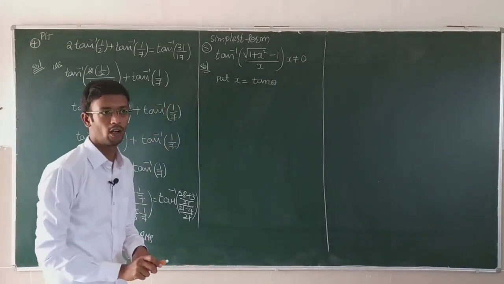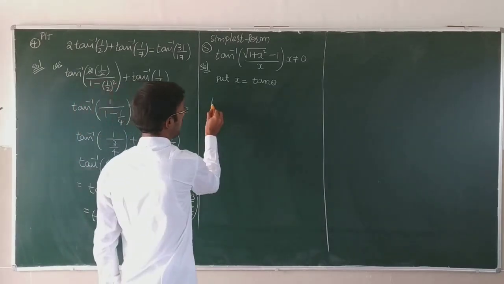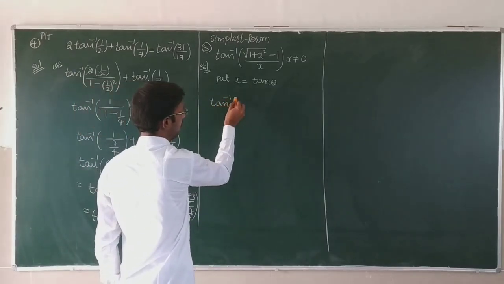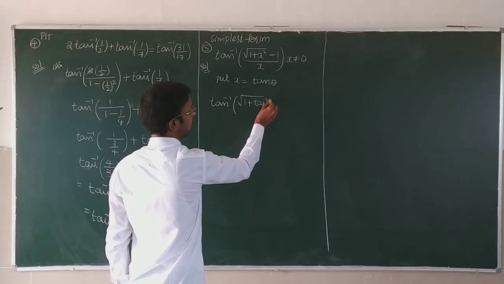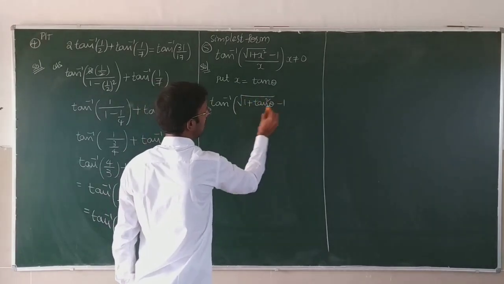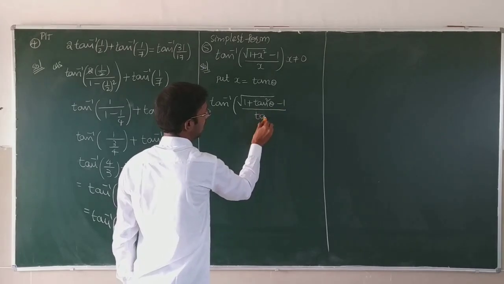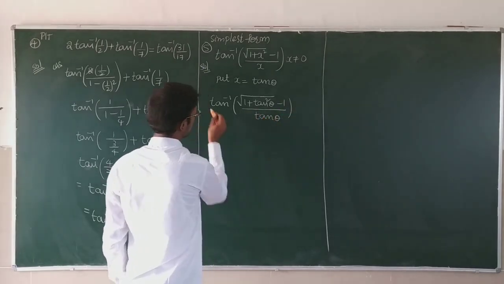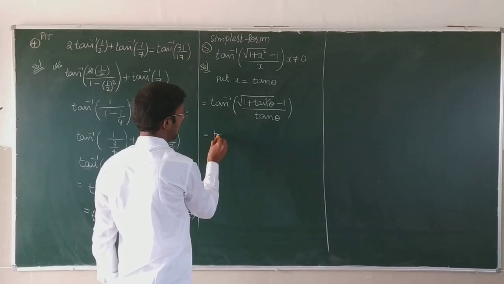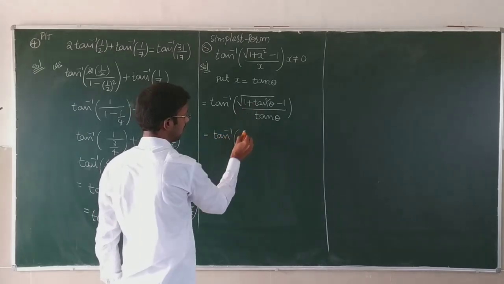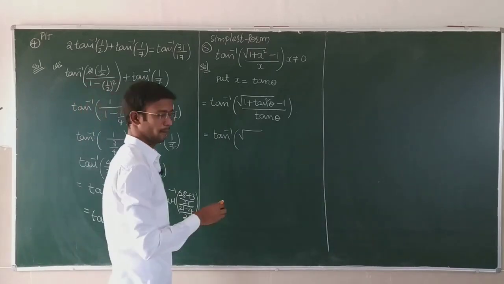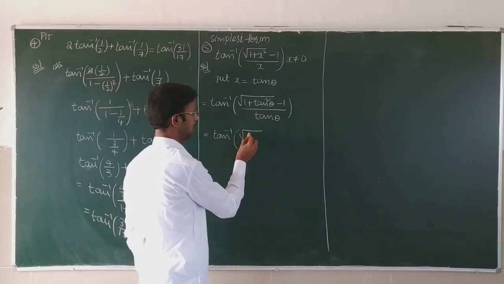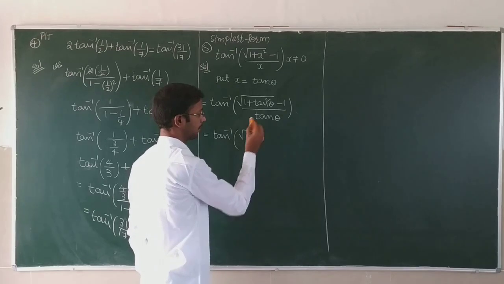Using a trigonometric identity, substitution making: tan inverse of square root of 1 plus tan square theta minus 1 by tan theta. 1 plus tan square theta is secant square theta.